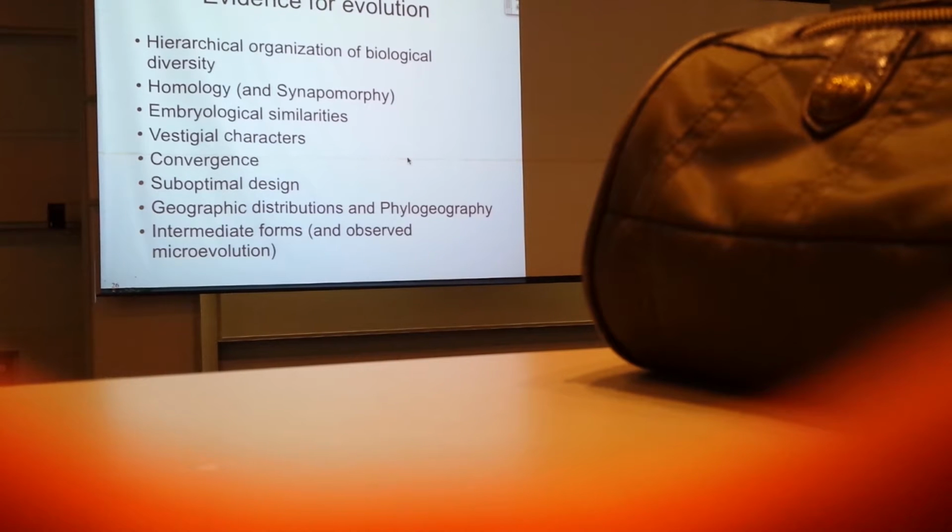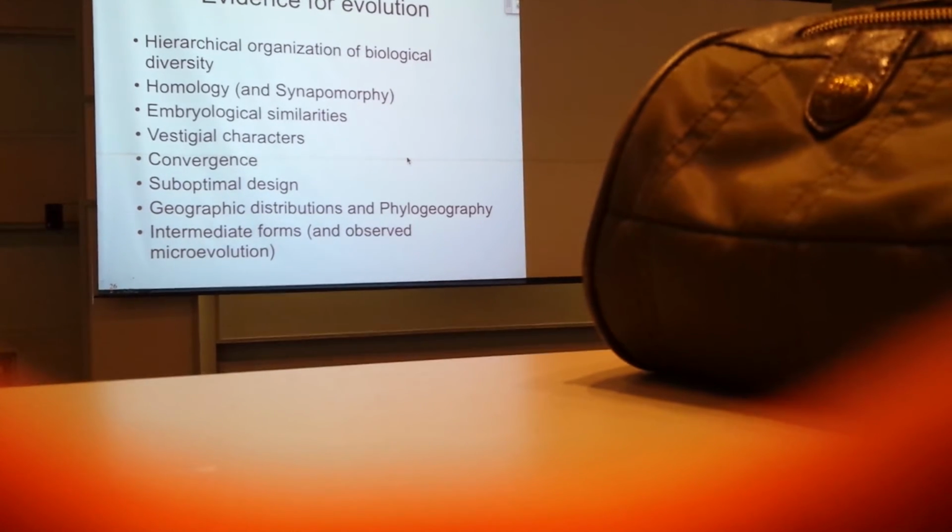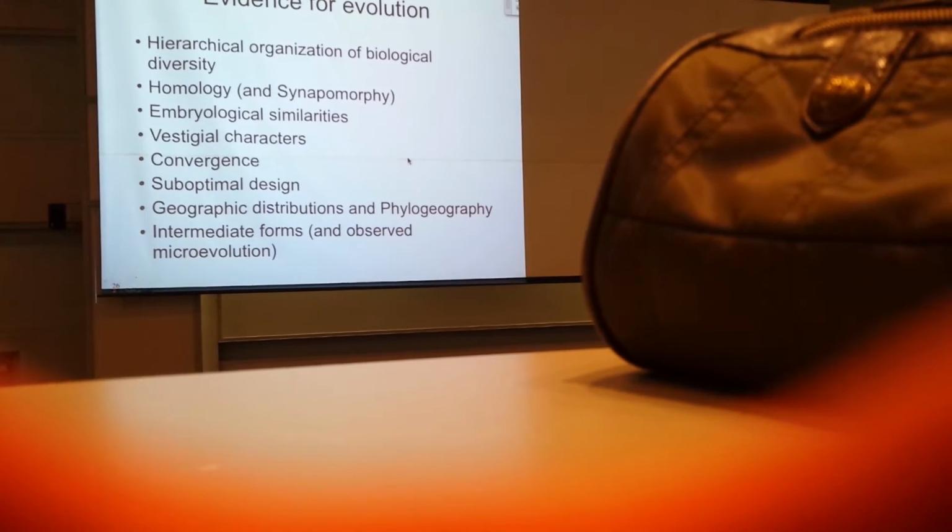I'll talk about that a little bit more. And then there are a lot of intermediate forms, so lots of things that clearly show very clear gradations between different forms, which suggests that they're intermediates along some evolutionary spectrum. And of course, similarly, there's lots of microevolution that we can observe, not necessarily on a daily basis, but over the course of months, you can watch those things evolve.